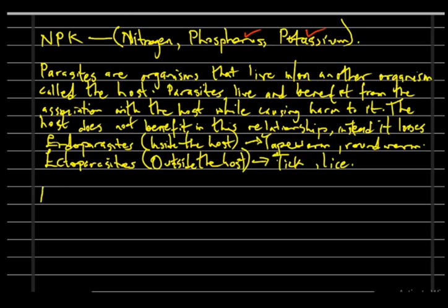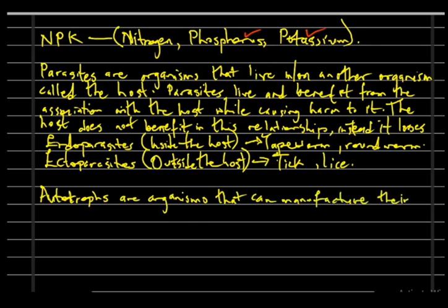Then the other one, we talk about autotrophs. Autotrophs are organisms that can manufacture their food by themselves. And they are of two types.